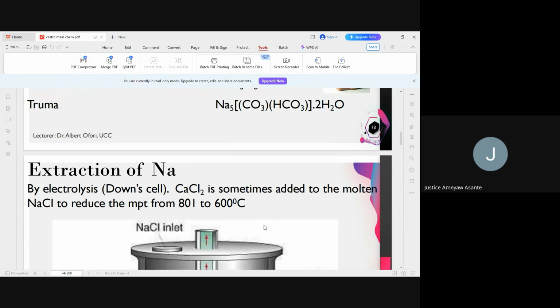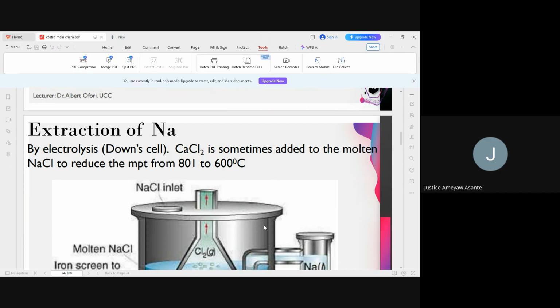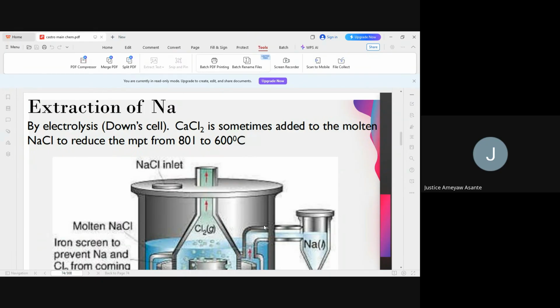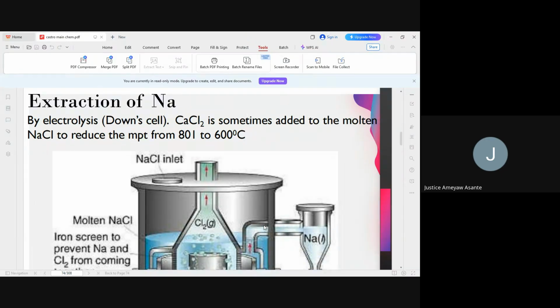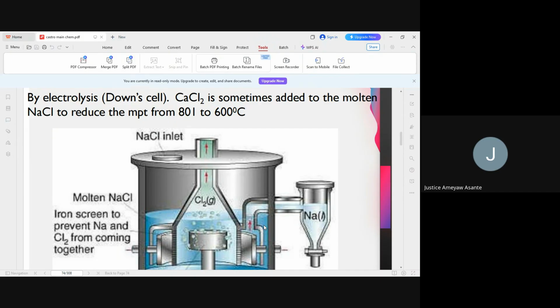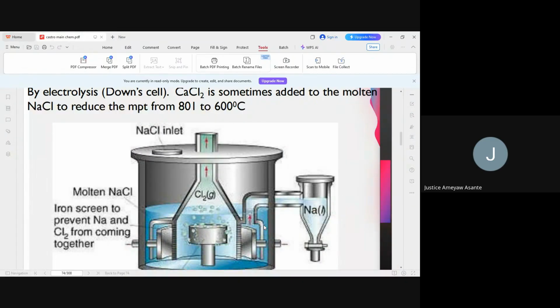How is sodium obtained? It is obtained by electrolysis. So we use what we call the Downs cell. If you want to obtain your sodium, we need to convert it into the molten form before we can extract the sodium metal.